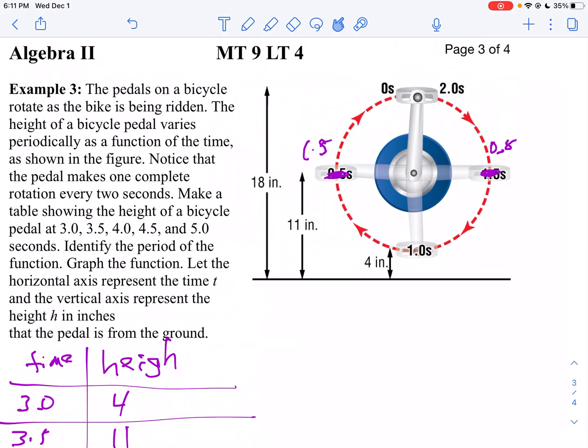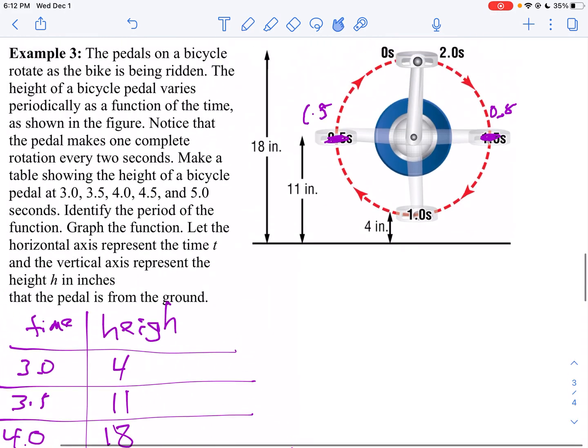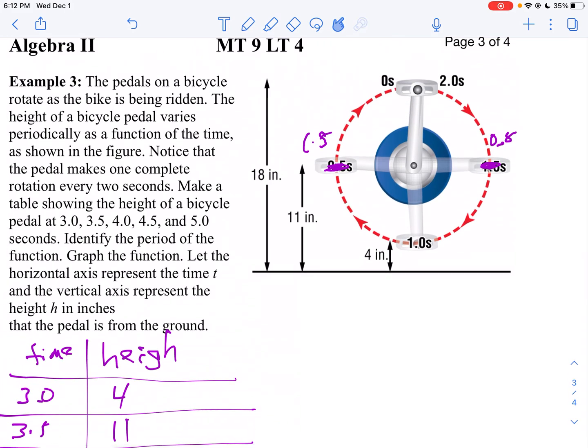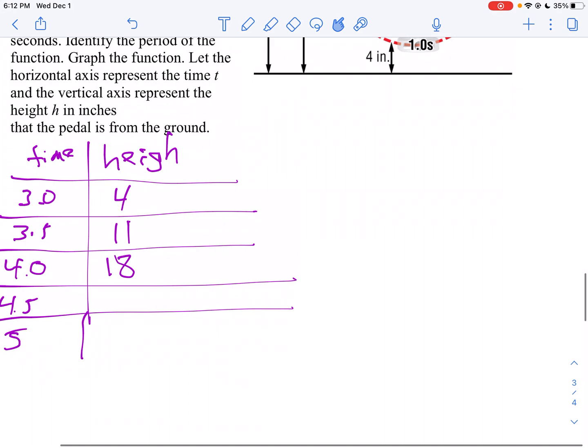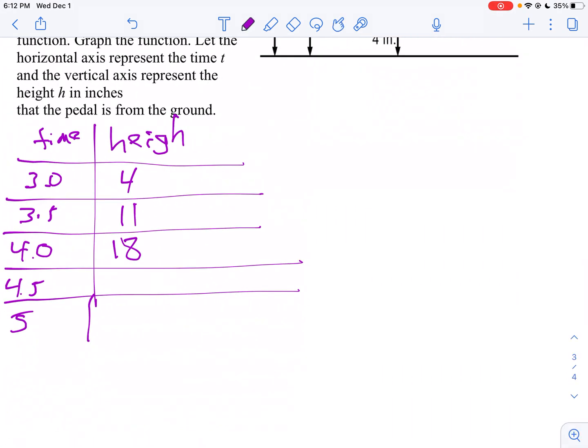So we're going to be at 18 inches off the ground. Add another half a second to that, then the pedal's moving down, isn't it? So you're going to be down here at 11 inches. And then at 5 seconds, you're going to be back at the beginning where you started, which is 4.